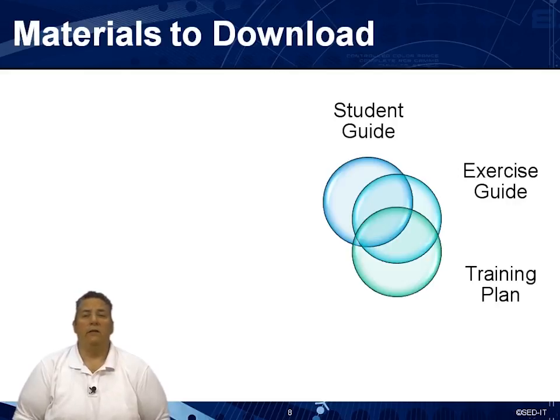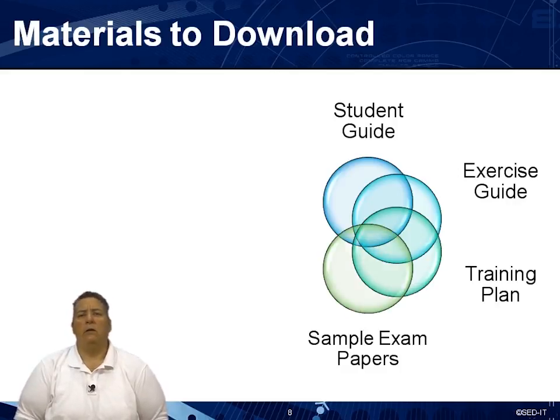There is a training plan there to tell you what your next steps are. Sample exam papers. There are 2 sample exam papers. Sample exam C and D, both are versions 1.1. These are new sample exam papers as of the last 2 or 3 months, and they've been updated again for clarity. We'll assign those and talk about those later on in the course.